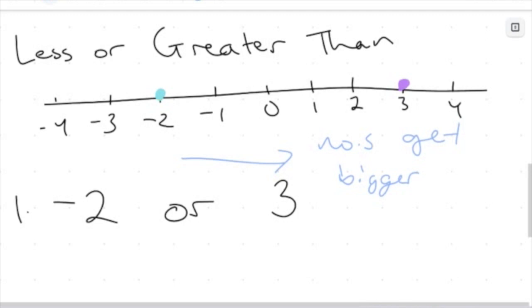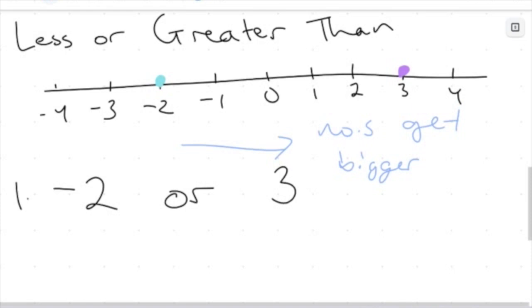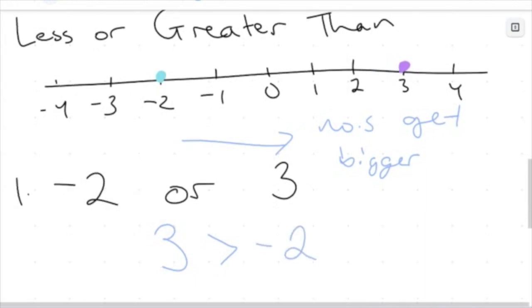So let's look at the direction here. We should be able to see here that 3 is actually bigger than -2 because it's further on the right of it on the number line. So we can say in mathematical notation, 3, we can write this symbol, which means greater than. 3 is greater than -2.